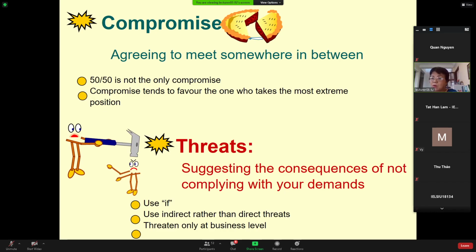We don't talk about something funny, okay? We tell the supplier that we can walk away. We can buy things from another supplier. We threaten at the business level. Those are the techniques that we use during the negotiation: emotion, logic, bargaining, compromise, and threat.